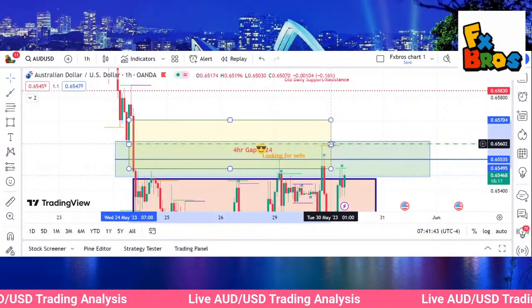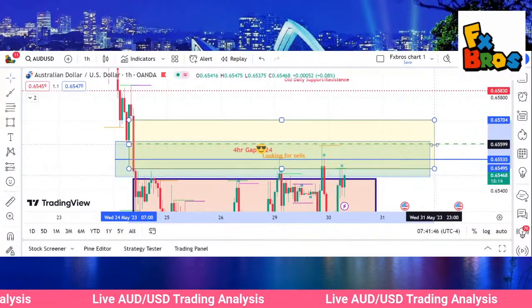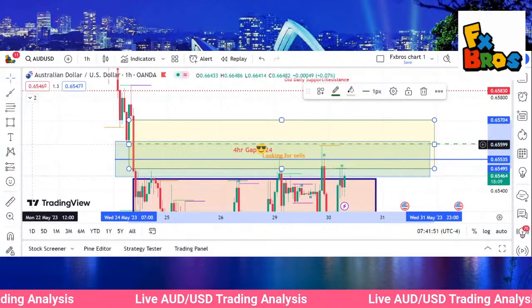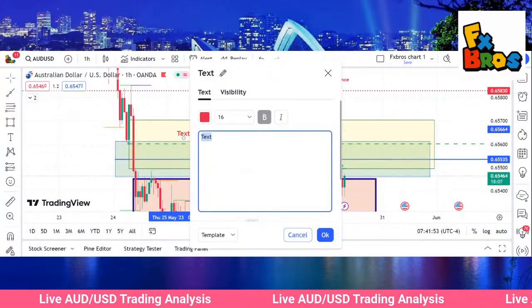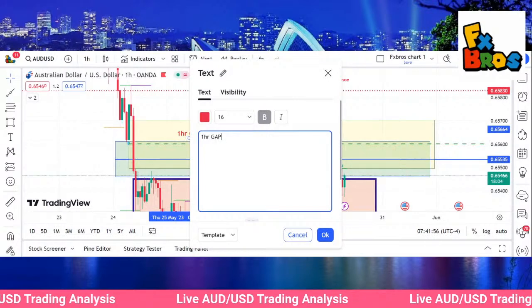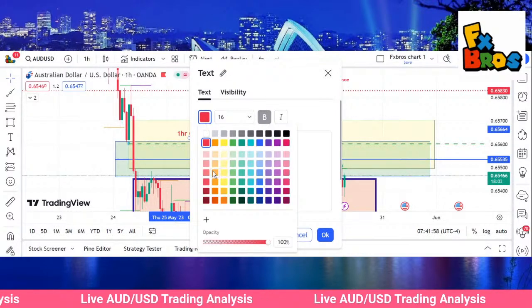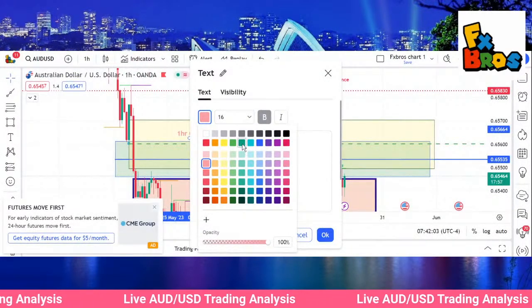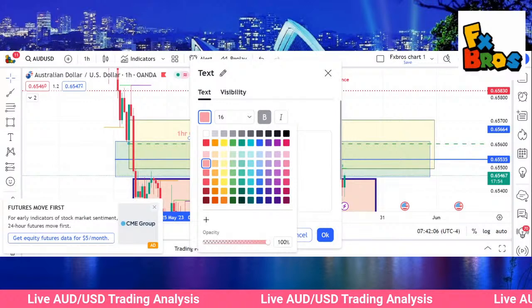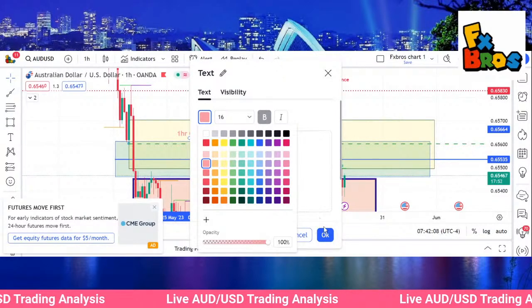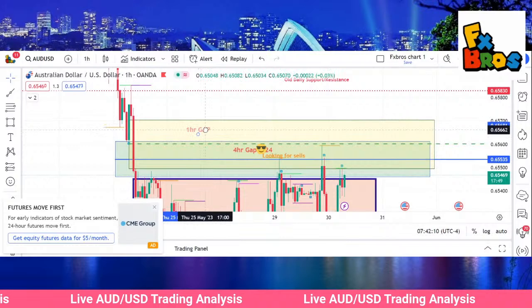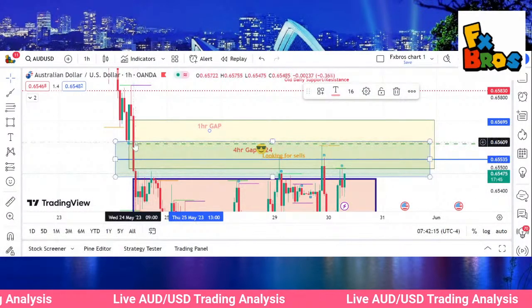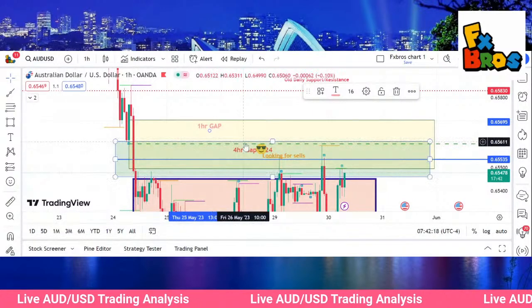So we do have this area too. This is on a 1 hour though. Gap from the 24th. So let's look at that.